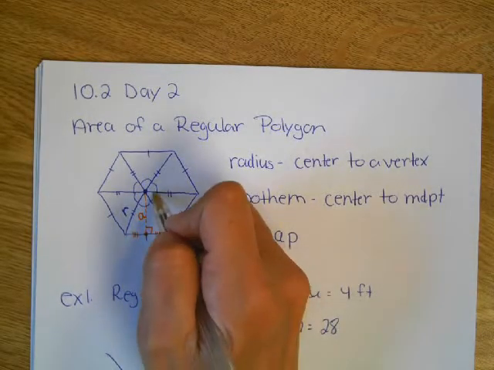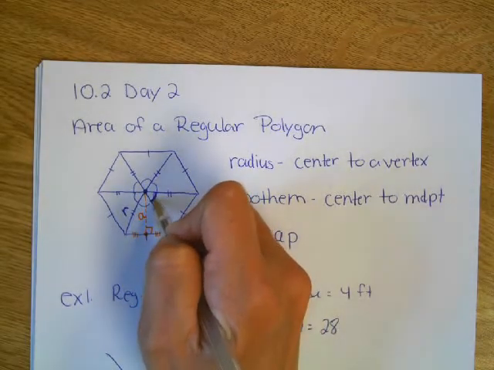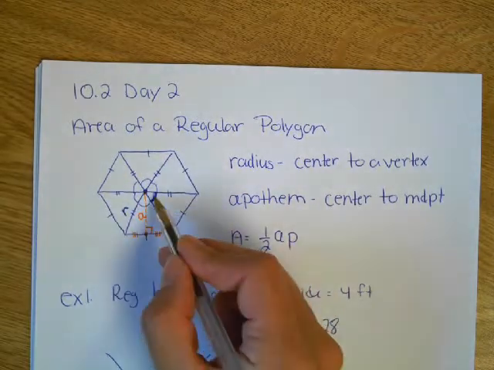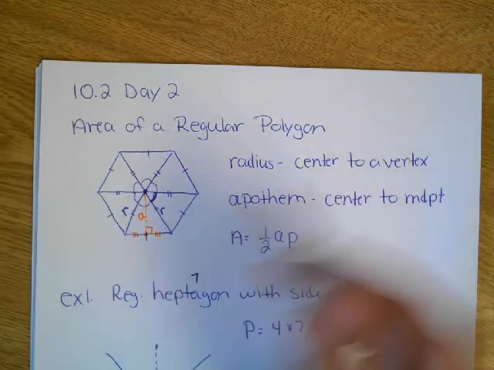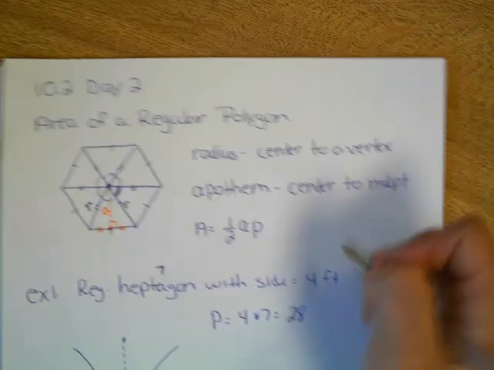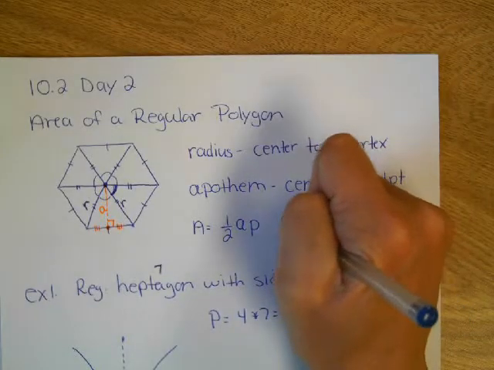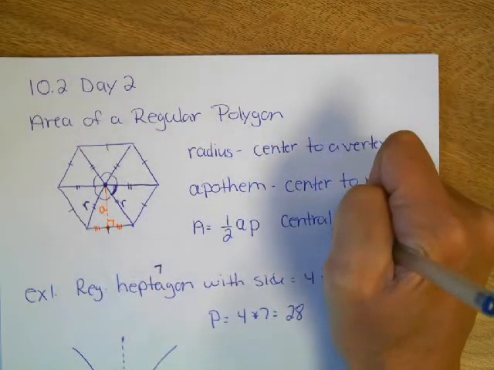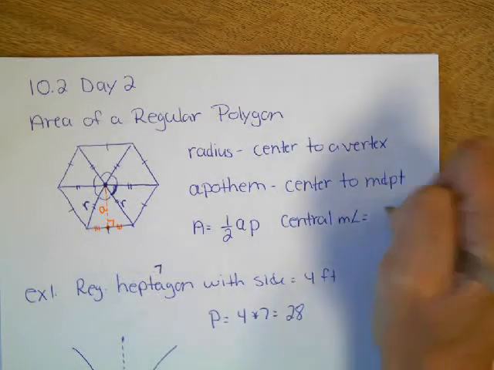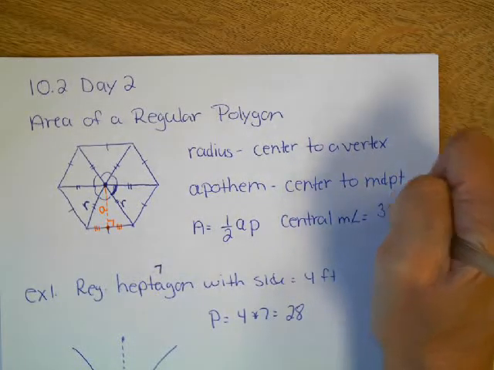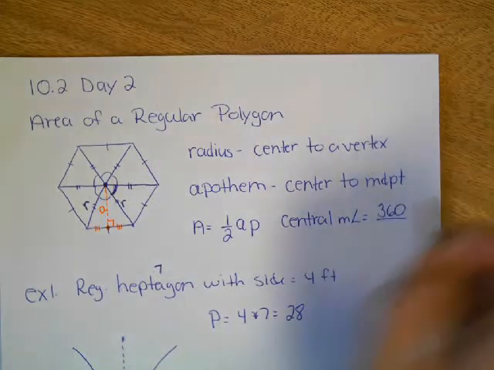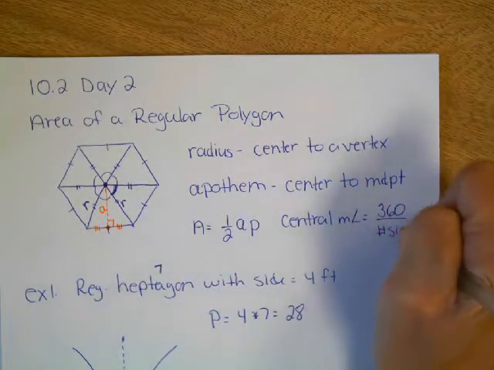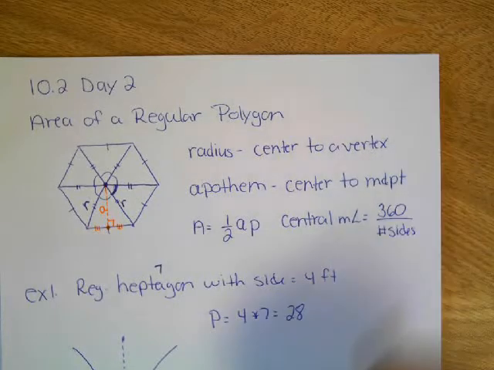So if I wanted one of these angle measures, I would take 360 and divide by how many sides I had. That would tell me each of these angle measures. So I need to put that in there. It's called the central angle. I missed it in my notes. The central angle measure is 360 divided by the number of sides, because that's how many triangles I have.